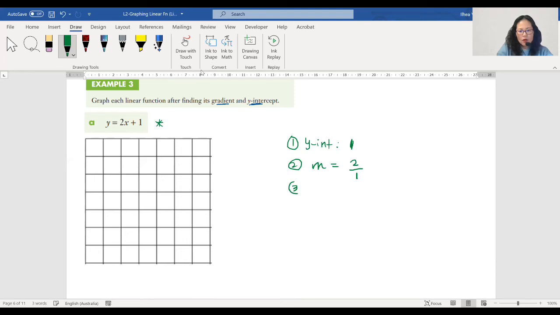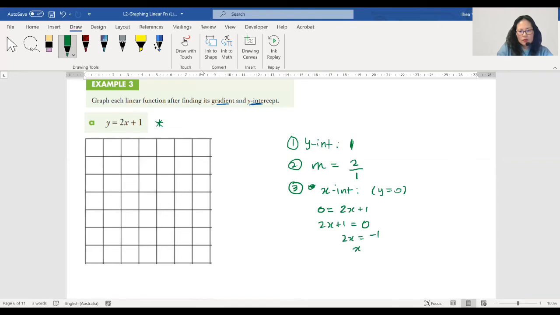3, x-intercept. When y equals 0, I'm going to put 0 equals 2x plus 1. So I'm going to swap the position because I want x to be on my left-hand side. And I'm going to do minus 1 on both sides.